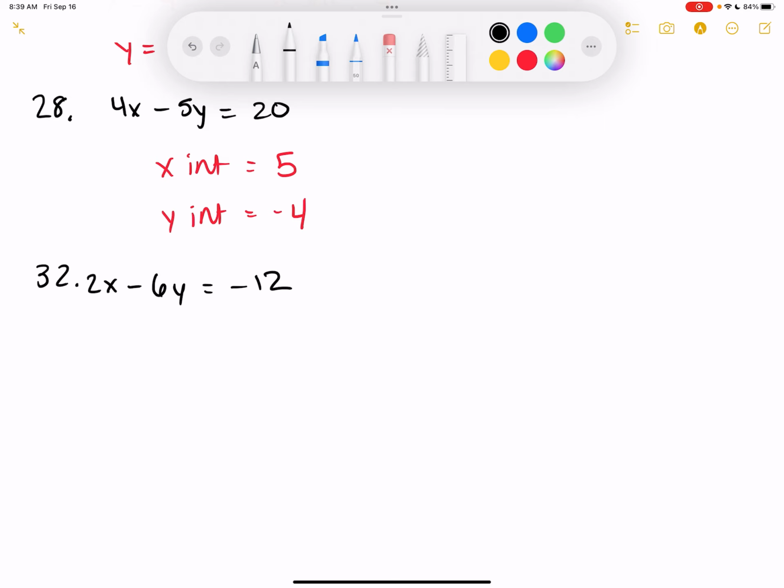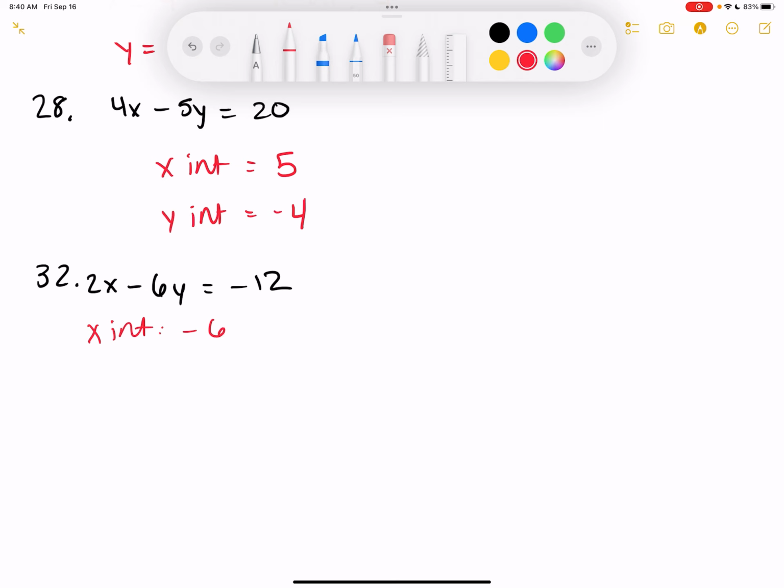So, I can either move stuff around and get it in slope-intercept form, but that's going to end up, well, it just takes more work. I can just find the intercepts like we just did here, and then just graph those two intercepts and connect the points, which I think is a little bit faster. So, what is the x-intercept for this one?